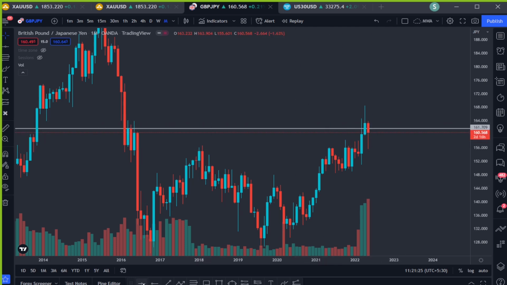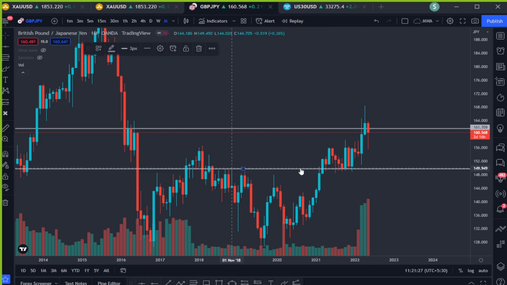In that scenario, we will be expecting the price to move to the next support, which is right there. In that situation, we will be expecting the price to make a top wick, retest this resistance area, and then move to the next support, and maybe further going down to the next support right in this area. This is something we can expect if we have the monthly candle close bearish.